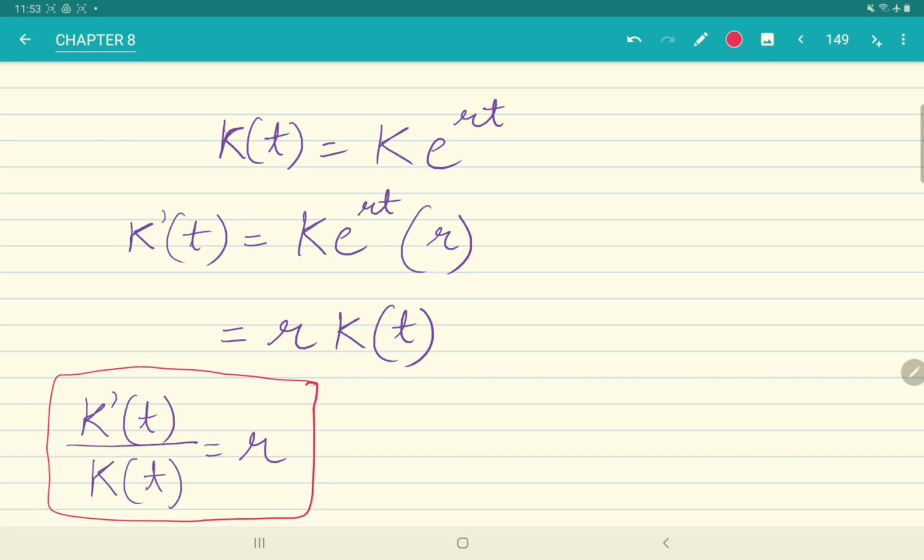When we have continuous compounding of interest at the rate r, we see that our principal amount is in fact increasing at a constant relative rate. We have k prime of t by k of t being equal to the constant r.